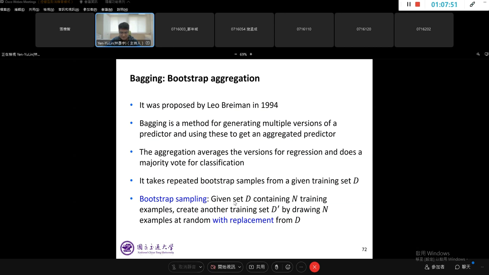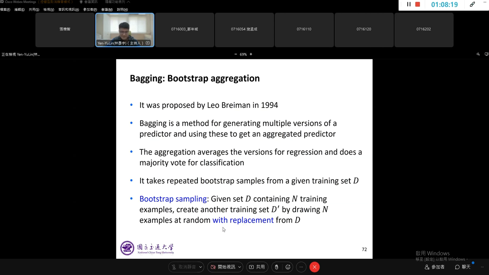According to this sentence, we are given a data set. We want to create another data set of the same size from data set D, a generated data set D prime of the same size n. And how do we create this additional data set? We use sampling with replacement.